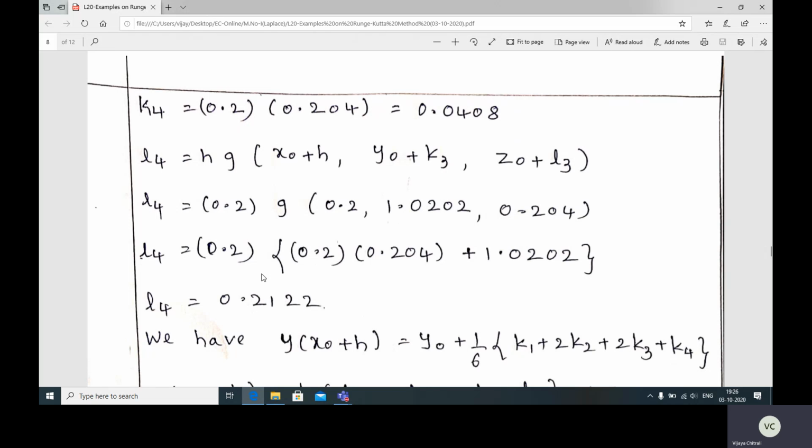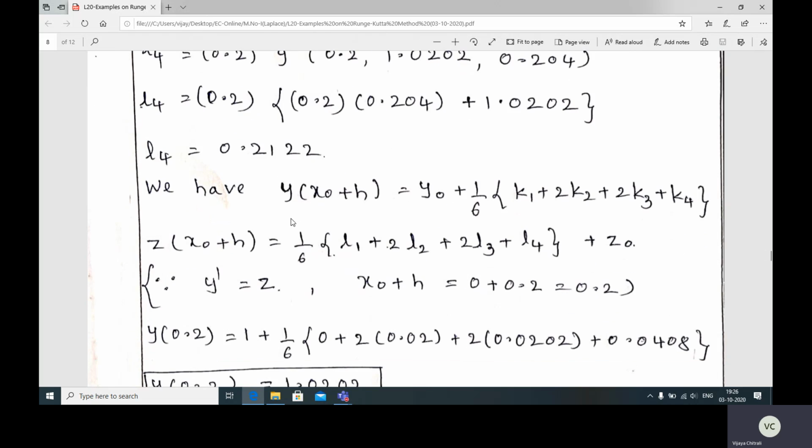So this is L4. Now we need to calculate y of x0 plus h. So x0 is 0, h is 0.2, so y of 0 plus 0.2 is y of 0.2, and similarly z of 0.2. So y of x0 plus h is y0 plus 1 by 6 of k1 plus 2k2 plus 2k3 plus k4, and z of x0 plus h is z0 plus 1 by 6 of L1 plus 2L2 plus 2L3 plus L4.